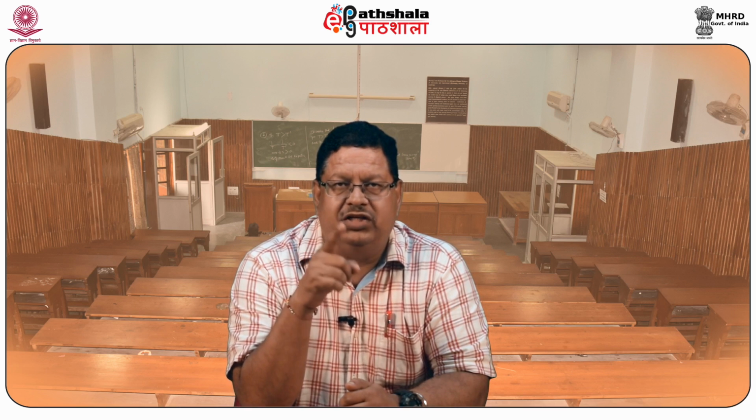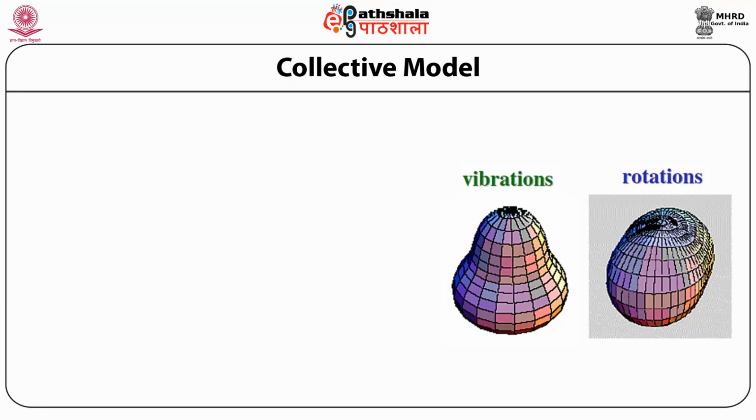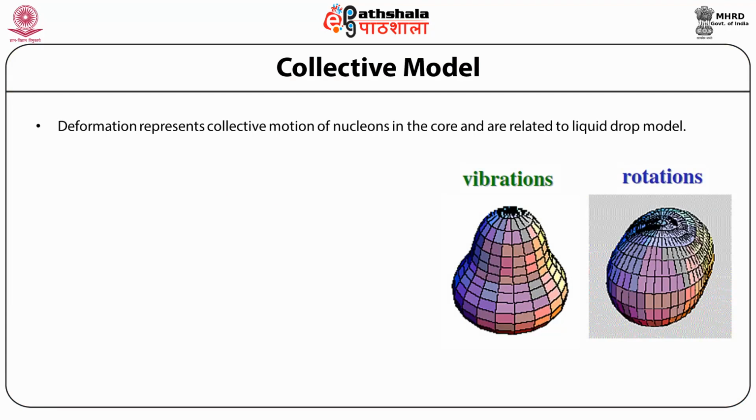So this is a very important thing, how the deformation comes into the picture, or how the deformation arises in nuclei: the interaction between valence nucleons and the core nucleons leads to permanent deformation of the potential. Collective model: deformation represents collective motion of nucleons in the core and is related to the liquid drop model.